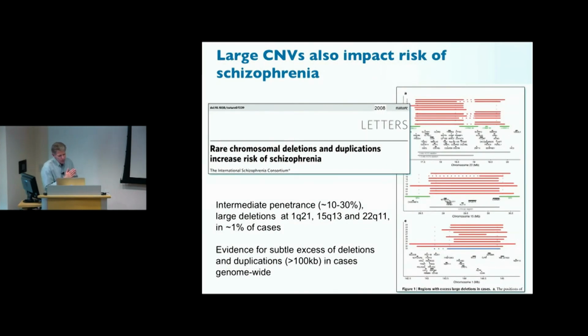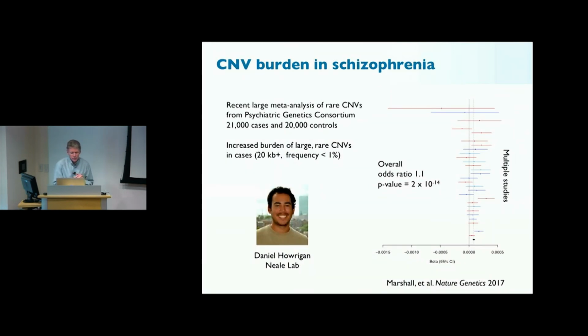And there's a similar story in schizophrenia. We know that there's schizophrenia risk that comes from recurrent deletions and duplications at specific loci in the genome, and also there's a subtle additional risk for just genome-wide burden of large CNVs. Each of these CNVs individually is quite rare, but the penetrance is fairly high, although in total, these rare CNVs still explain just a small percentage of the total risk burden for schizophrenia.